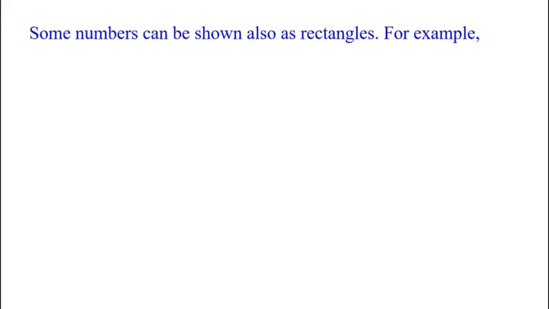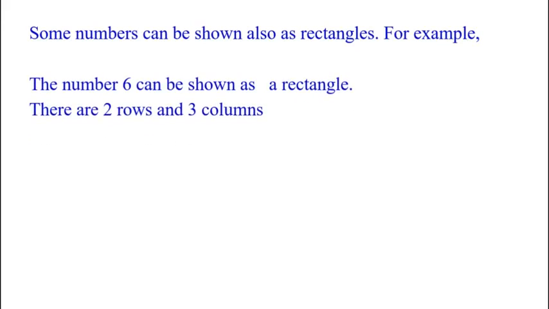Some numbers can be shown also as rectangles. For example, the number 6 can be shown as a rectangle. There are 2 rows and 3 columns. And also we can represent it as 3 rows and 2 columns.